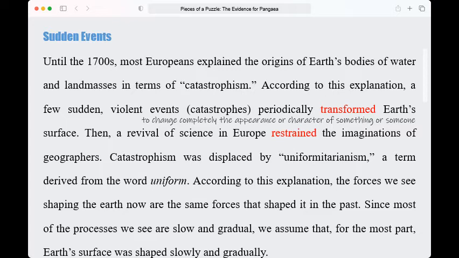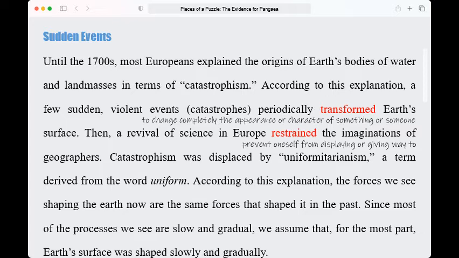Then, a revival of science in Europe restrained the imaginations of geographers. Since the time of the Renaissance in the 16th century, science was a big decision maker, especially when the intellect thought about how Earth was formed and also how the physics, the workings in the world, in the universe worked.